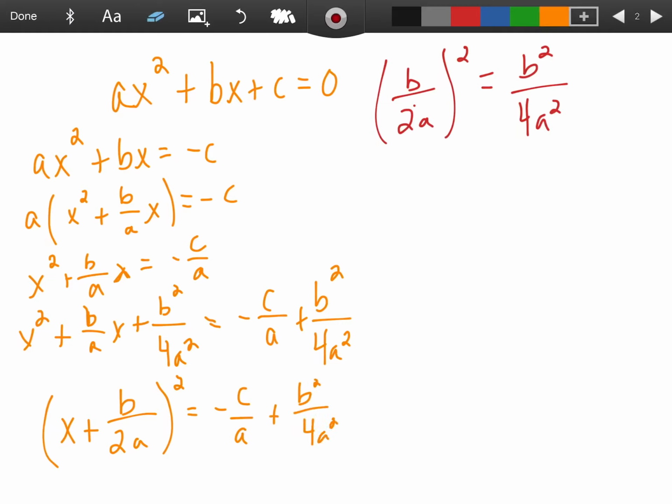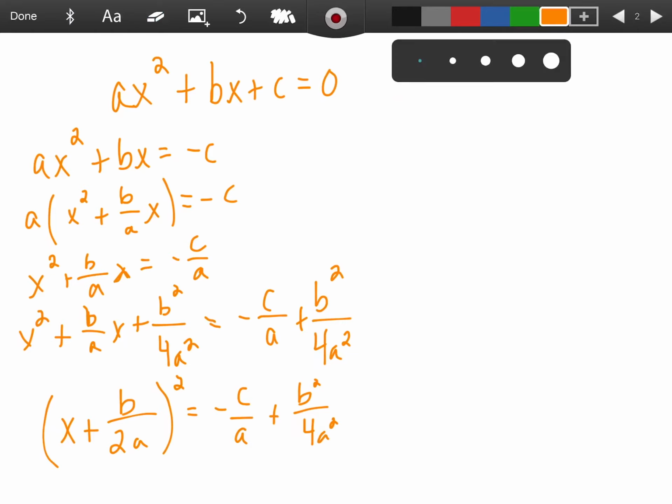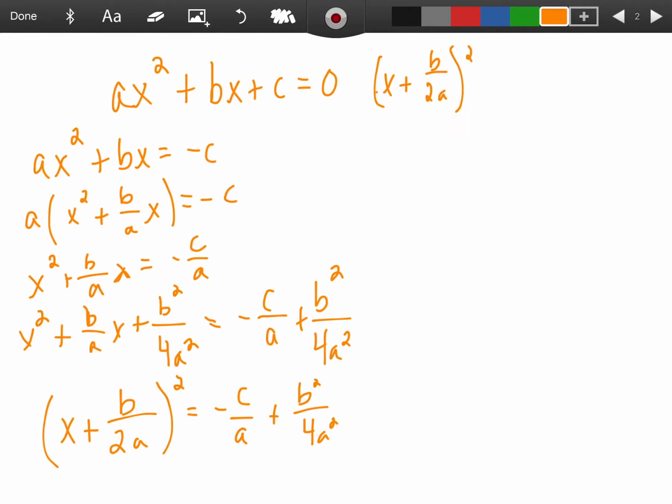Well, before I go ahead and extract those square roots, what I'm going to want to do is get a common denominator on my right side. So my left side I'll keep the same, x plus b over 2a squared, is equal to, well, I know that my common denominator is going to be 4a squared, so I need to multiply my left fraction, this negative c over a, by 4a over 4a.